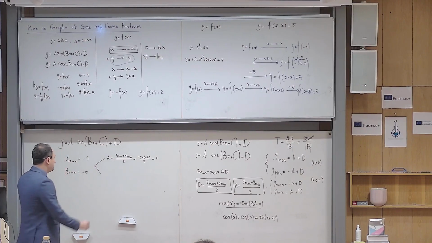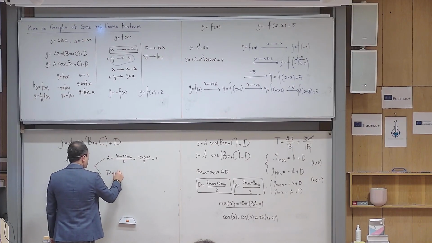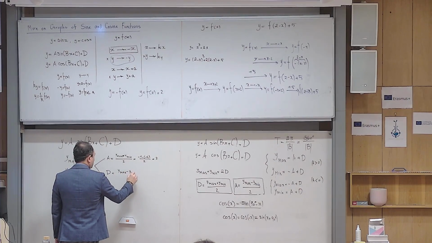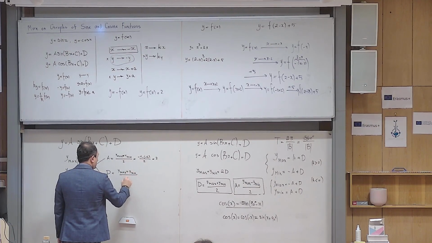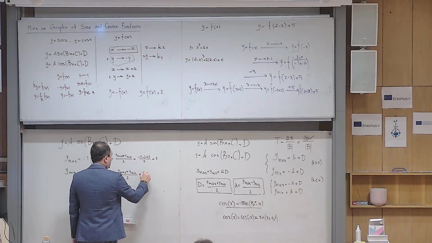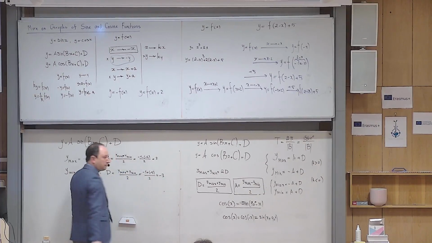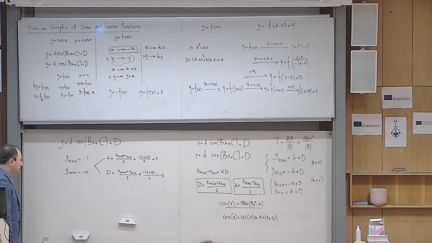And D is y max plus y min divided by 2, which is minus 1 plus minus 5, divided by 2, is minus 3. So this is minus 3.